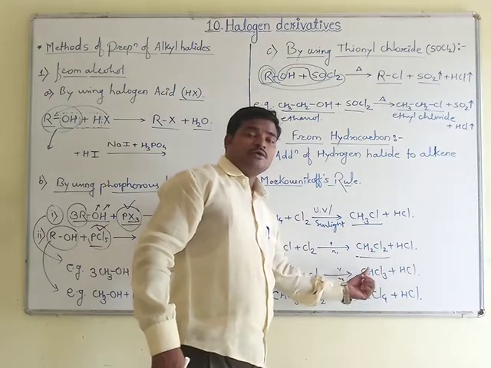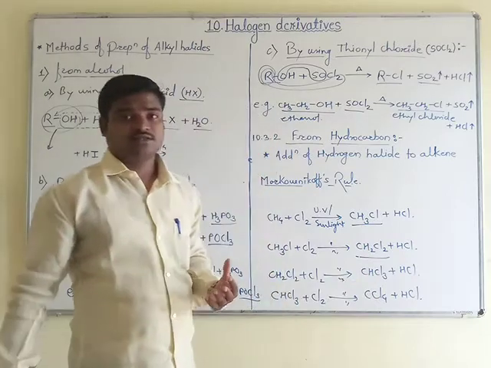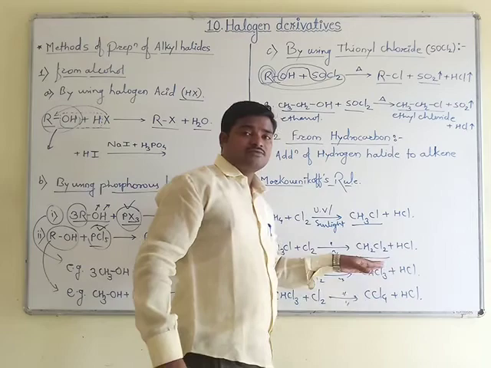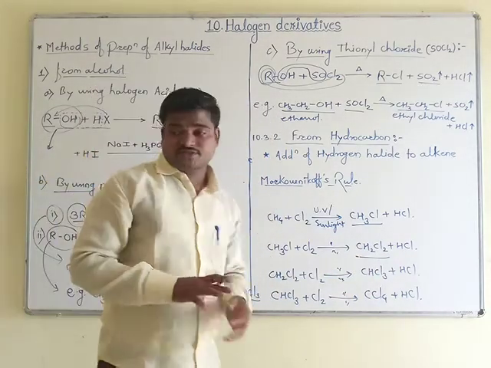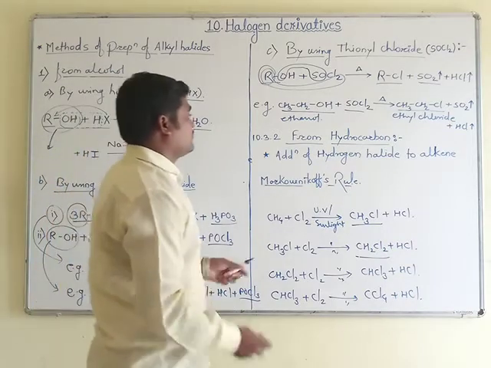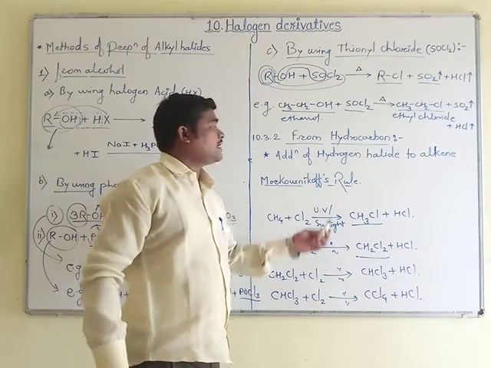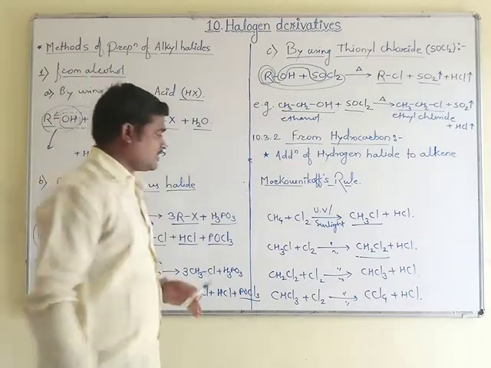Again here we prepare chloroform, CHCl3, its general name. In the last reaction we have prepared carbon tetrachloride. So these are the simplest reactions, the methods of preparation of alkyl halide from hydrocarbon, that is alkane.